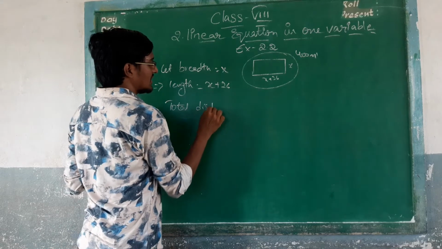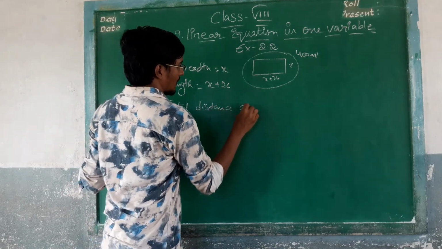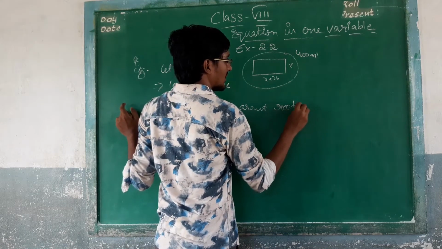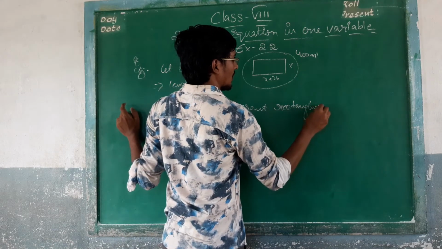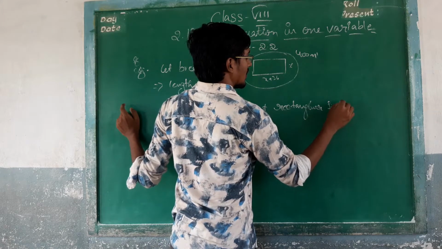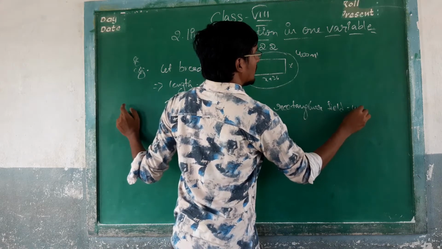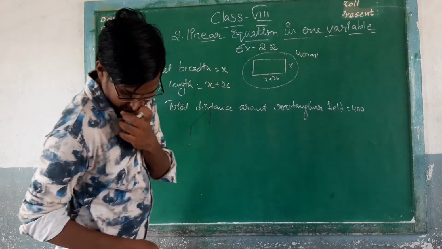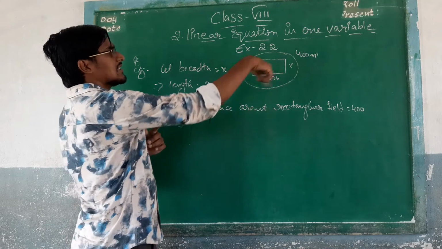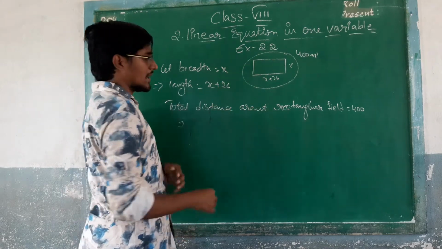The total distance around the rectangular field is 400 meters. So that implies the total distance is nothing but the perimeter of a rectangle.